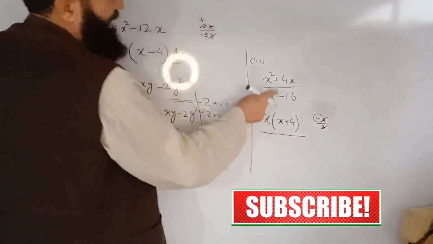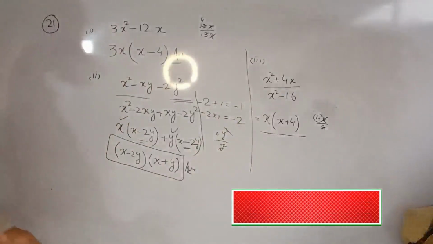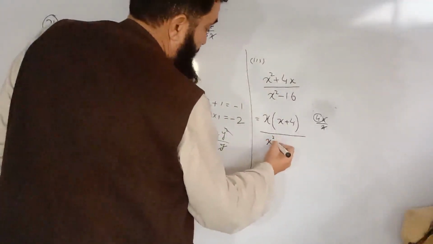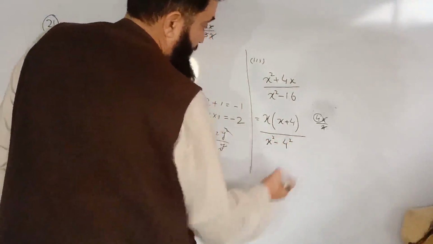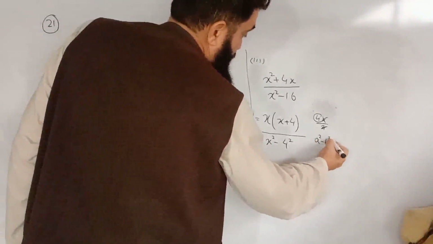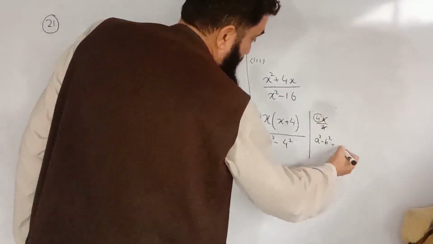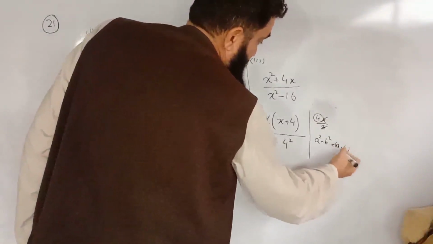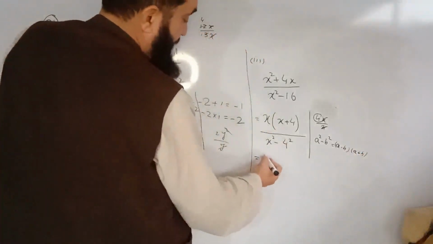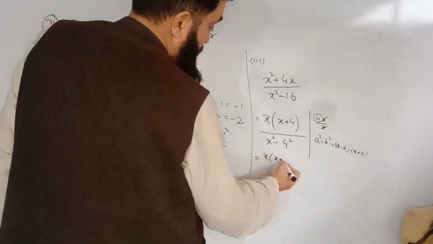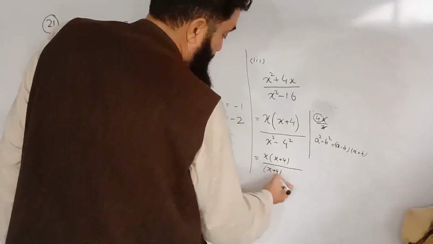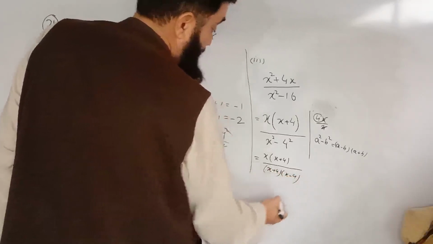Over, what is this? X square minus 16. I write it for you. It is actually x square minus 4 square. Using the formula a square minus b square equals a minus b into a plus b, this can be written as x plus 4 into x minus 4.